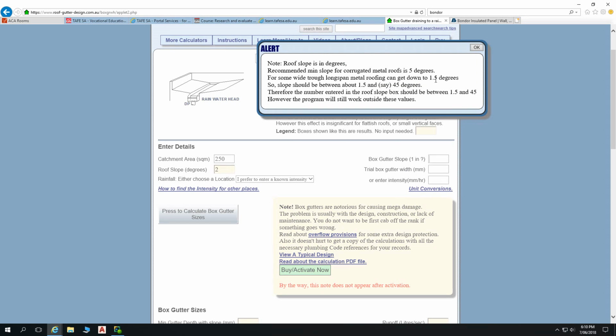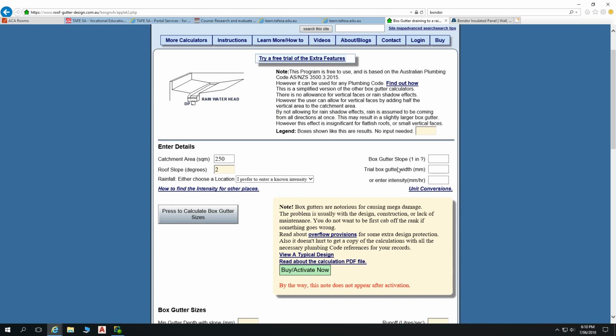Yes, but we're going to go with thick block or Spandek or something like that. Okay, that's fine. What sort of slope do we want to go to?